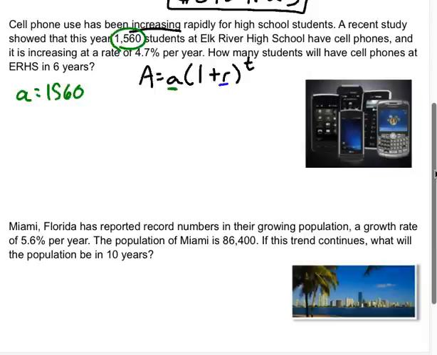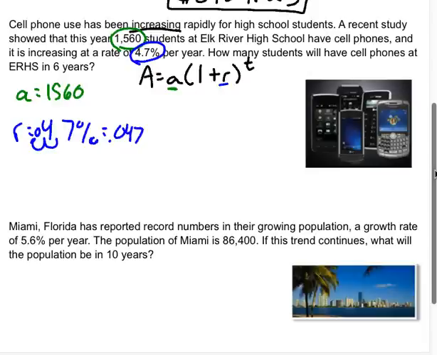That's increasing at a rate of 4.7. But again, I can't leave that as a percent. It said in the directions, always turn it into a decimal. So I move the decimal over twice, which means I have to add a placeholder 0 there. So as a decimal, that's going to be 0.047.